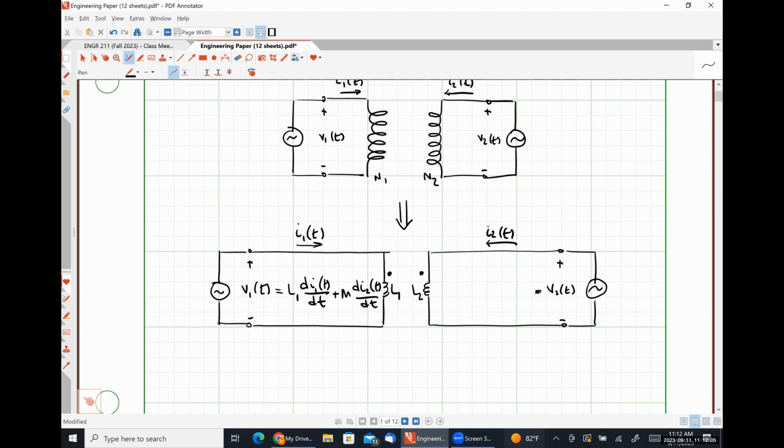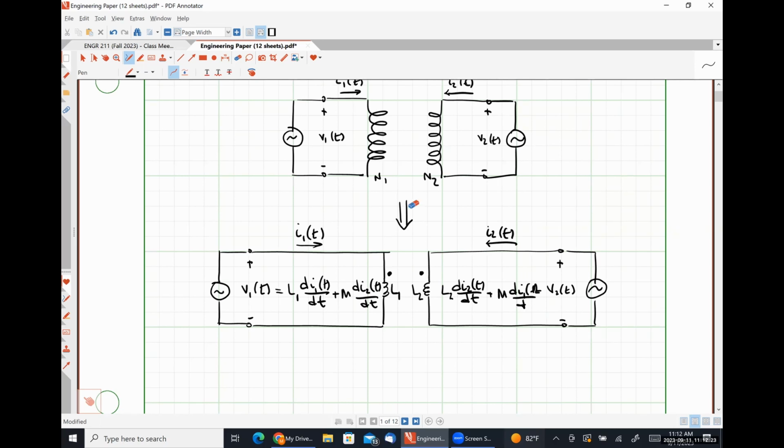We are going to have a similar set of terms over here. So we'll have L2 dI2 by dt.